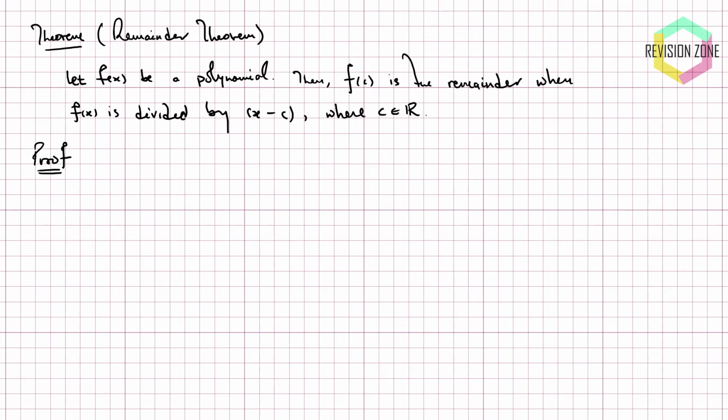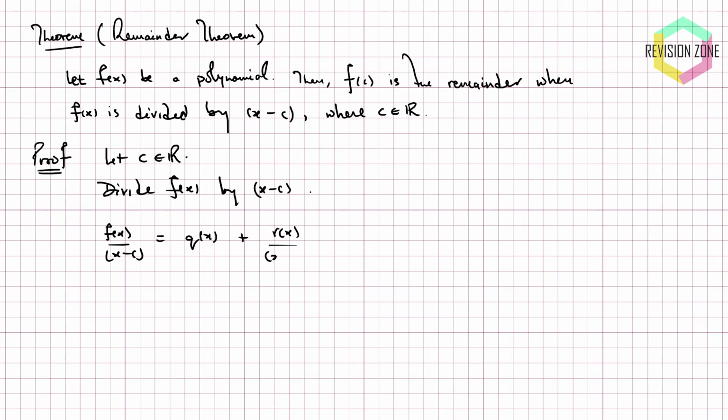So we say let c be a real number, and we divide f of x by x minus c. Then by the sort of thing we saw in proposition 1, we know that f of x over x minus c is going to give us some quotient, plus some remainder over x minus c.